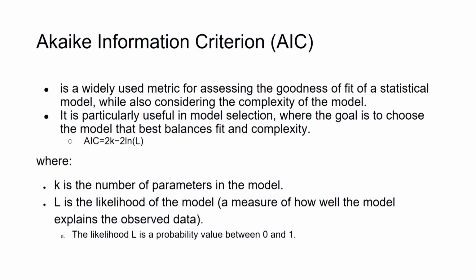So, let us see what is Akaike information criterion or AIC. Using AIC, we can also compare different regression models. This is a widely used metric for assessing the goodness of fit of a statistical model, while also considering the complexity of the model.